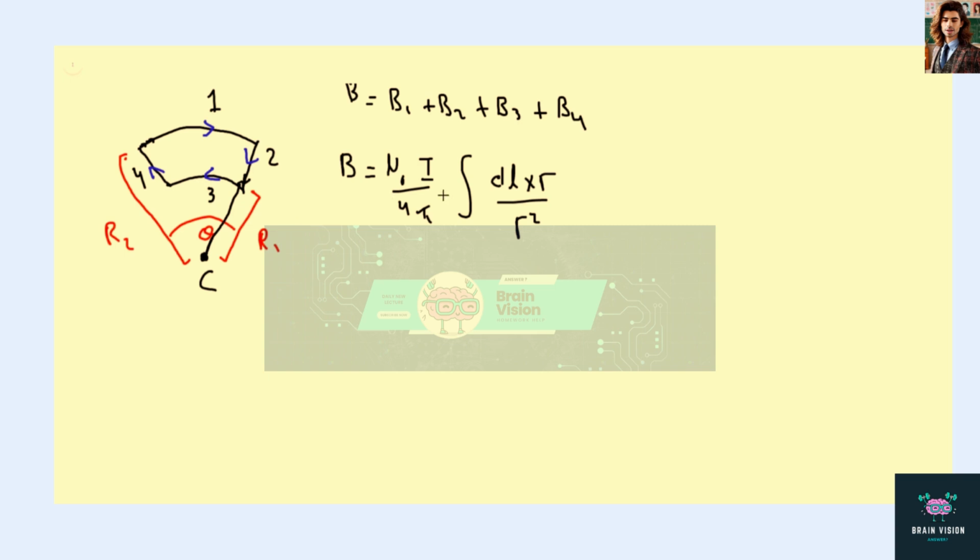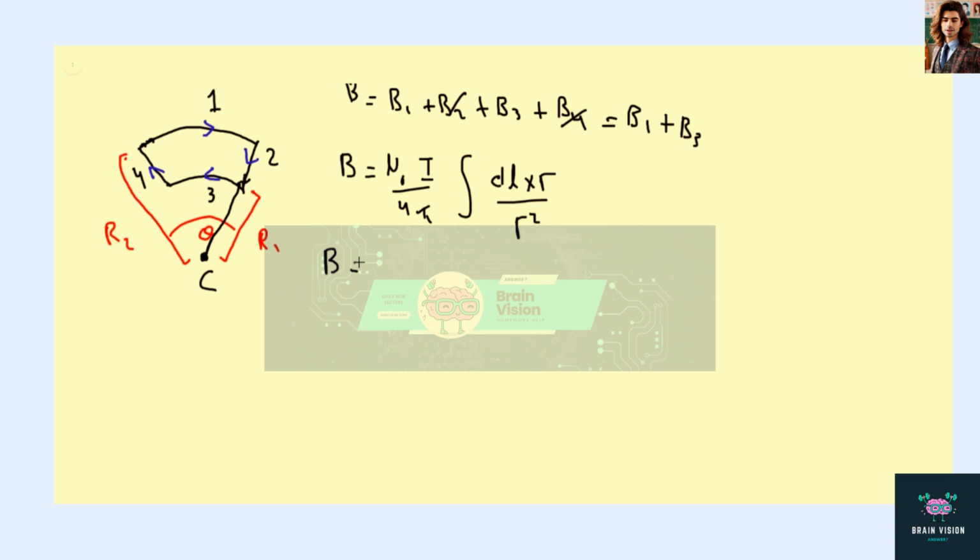So the cross product gives us a sine of theta, where theta is the angle between those two. That's always going to be parallel or anti-parallel, depending on which way we're going, so that has to be 0. That means regions 2 and 4 can't give us a magnetic field at point C. So we only have to worry about 1 and 3, which simplifies things a little bit.